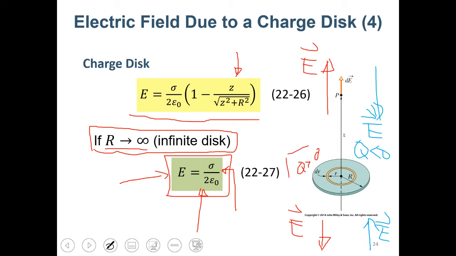So there are two cases: it's either positive or negative. If it's zero, there's no E field. So this is quite an important equation, I think, although it's not very, very simple.